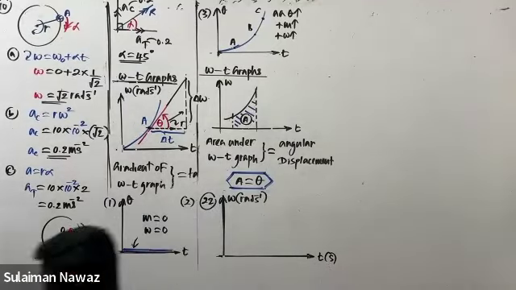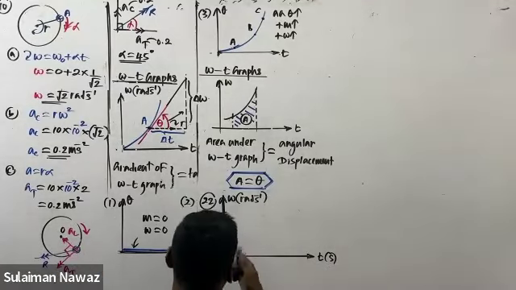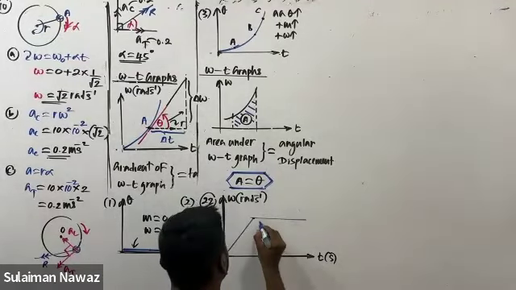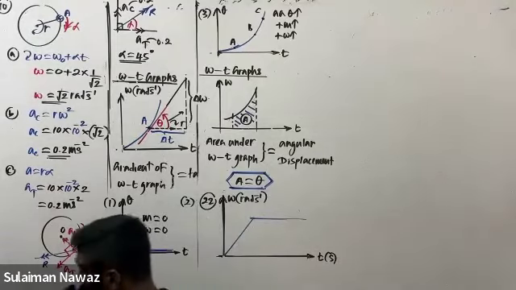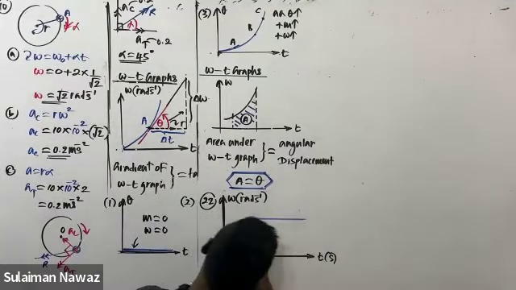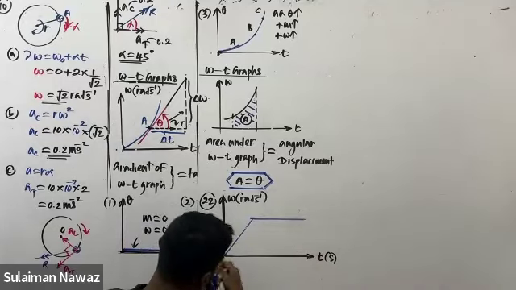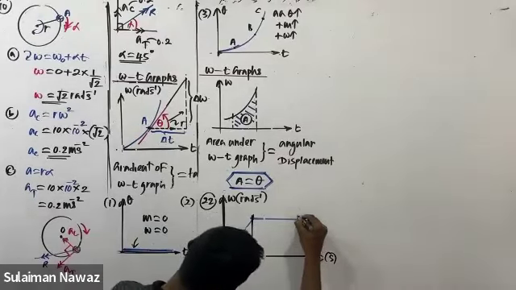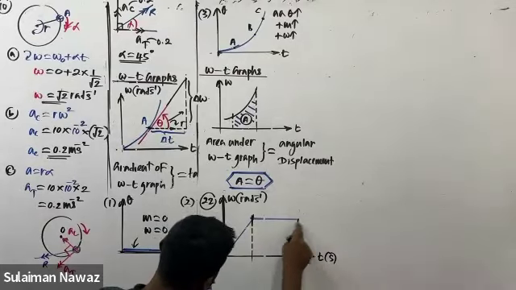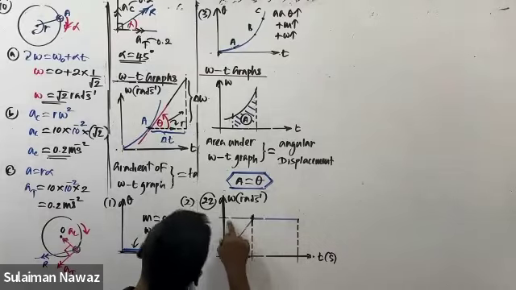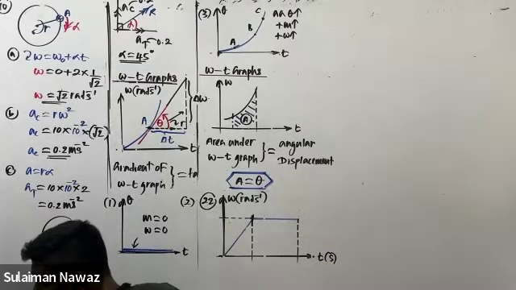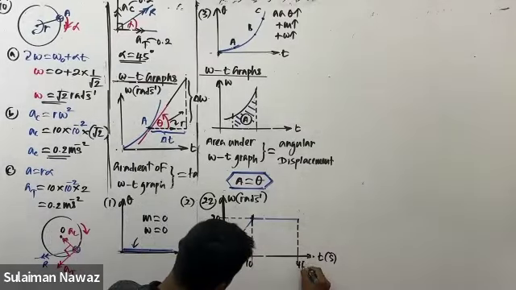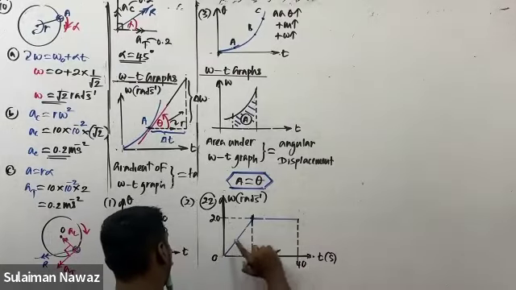This is the graph and given data. Now they have given 10, 20, 40, and 0.